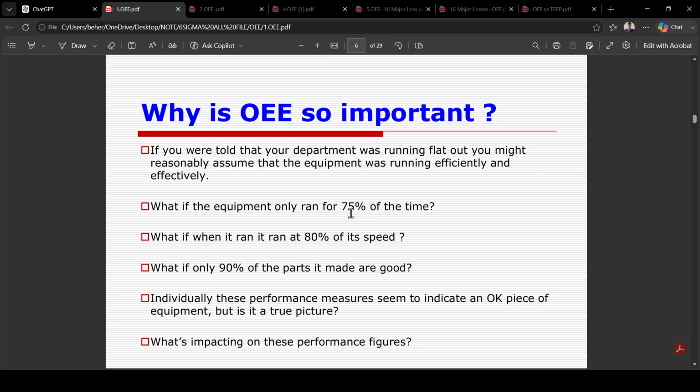What if, when it ran, it ran at 80% of its speed? What if only 90% of the parts it made are good? Individually, these performance measures seem to indicate an okay piece of equipment, but it is a false picture. What impact does this have on the performance figure?